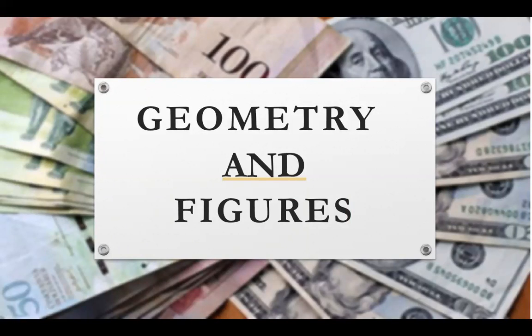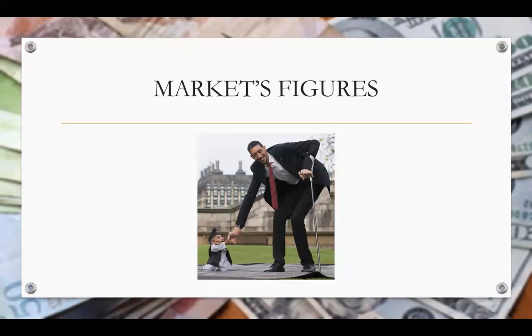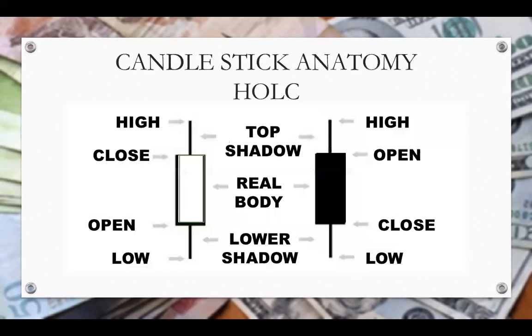I have made a small slide for you so that it might help you. The market figures are very big. So what do we mean by candlestick and anatomy? There are some traditional candlesticks, and some very new kinds of candlesticks.